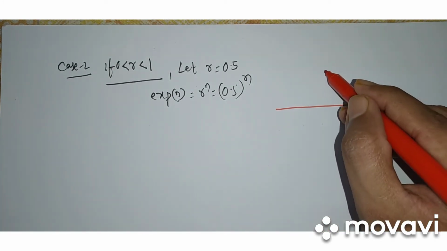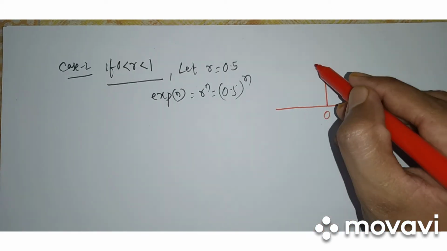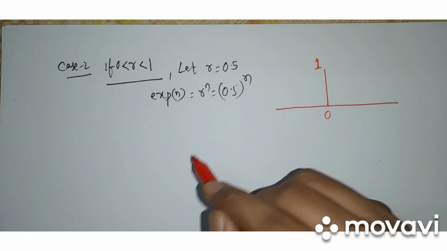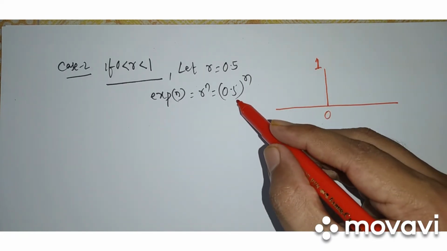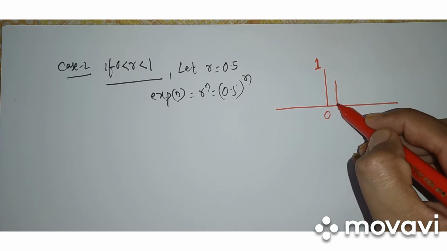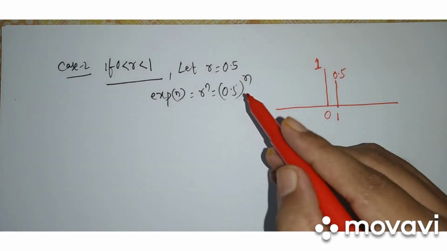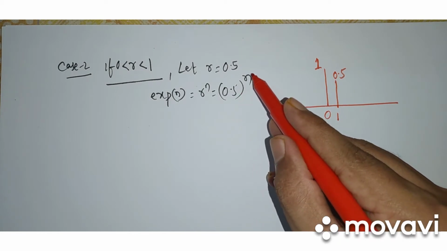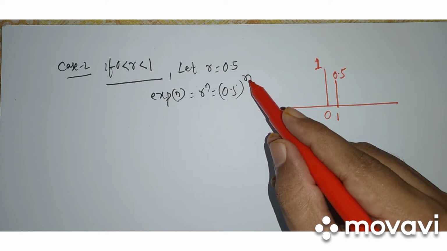Now if you plot, it's very easy. n equals to 0. What? n equals 0, it is 1, because 0.5 to power 0, it is 1. n equals to 1, 0.5 to power 1, it is 0.5. n equals to 2, 0.5 to power 2. Okay, it means 1 by 2 to power 2 means 1 by 4.